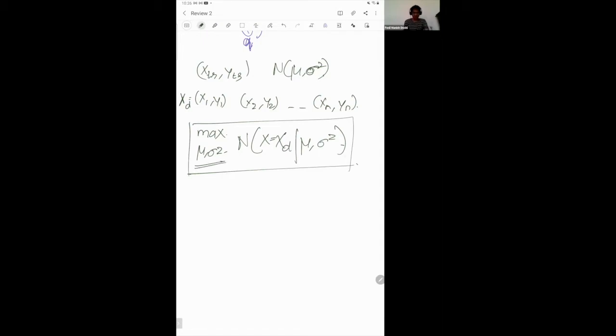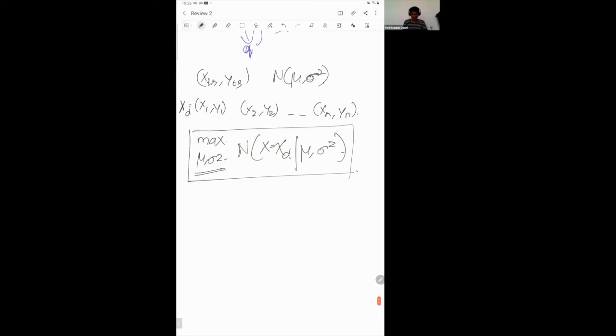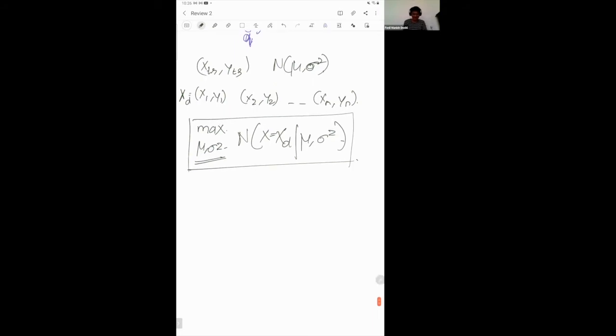So in your free time, go and do it. It's simple, and what you would see is that nu comes out to be the summation of xi over n, and sigma square comes out to be the average of the squared deviations x minus mean, so just the standard deviation of all of these values.